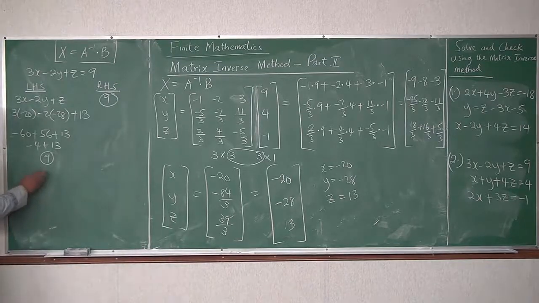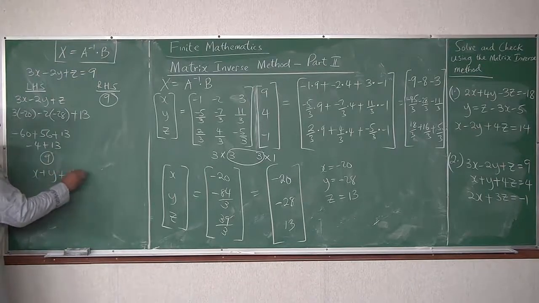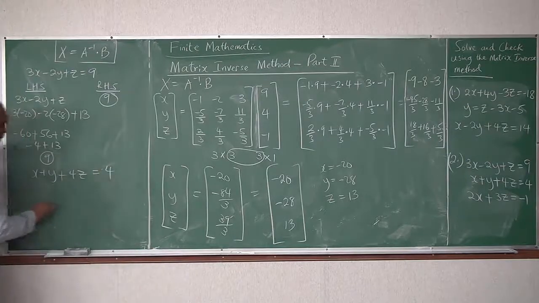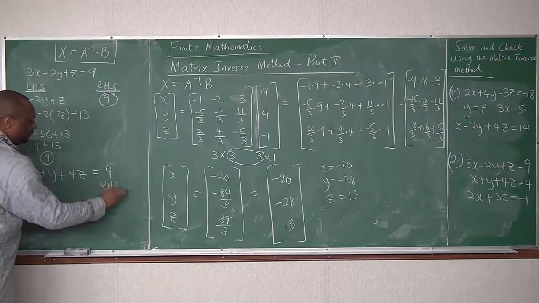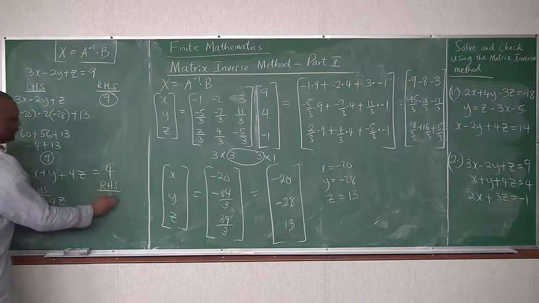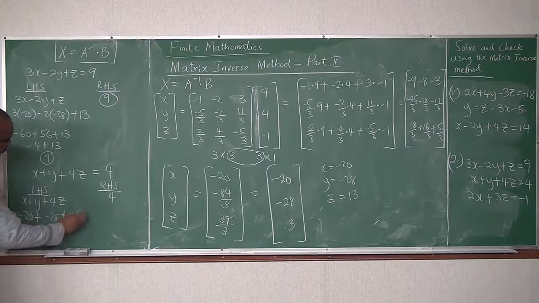Then we have to check for equation 2. Now, x plus y plus 4z is equal to 4. Left hand side, right hand side. So this is x plus y plus 4z, and this is 4. x is minus 20 plus y is minus 28 plus 4 times 13.